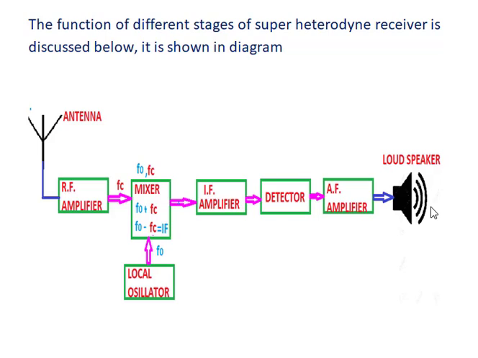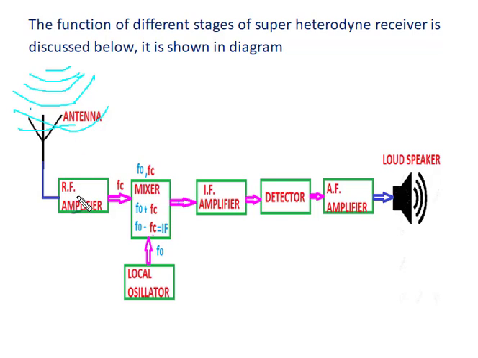All the incoming waves are received here. The number of waves coming intercept the antenna, so it receives all the incoming waves with different frequencies.